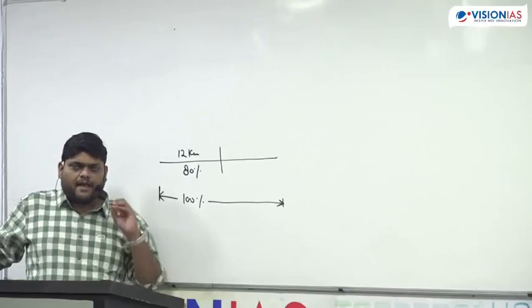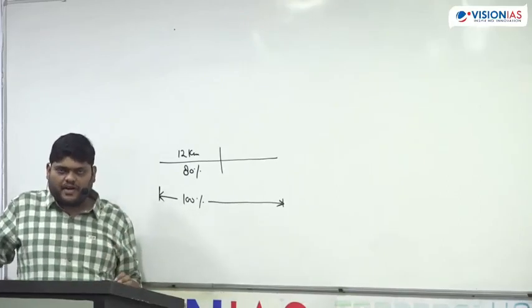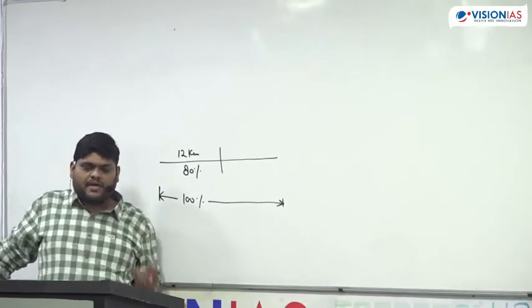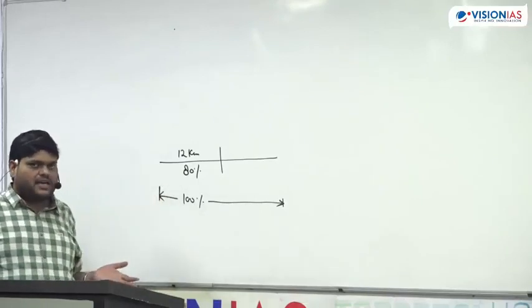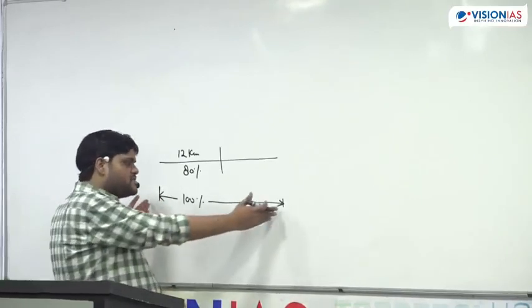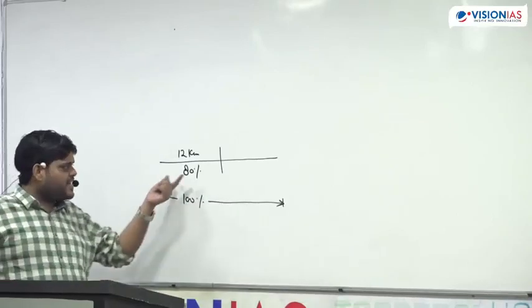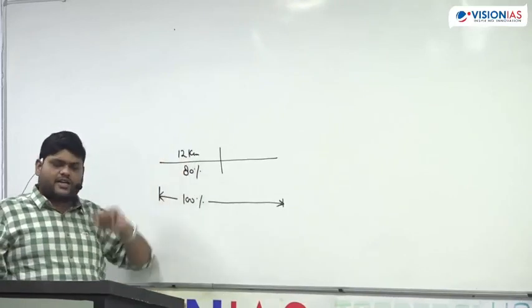See here, I told you yesterday also, you have to read the question very properly. Whenever we are talking about any number, it can be shown in percentage also. So the total distance is 100%. Out of that, he has covered 80%, and he finds that he has till now covered 12 kilometers.